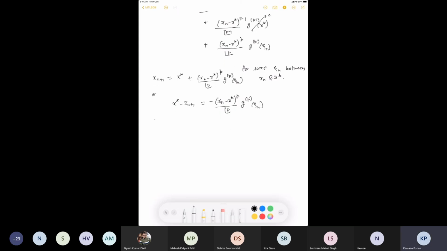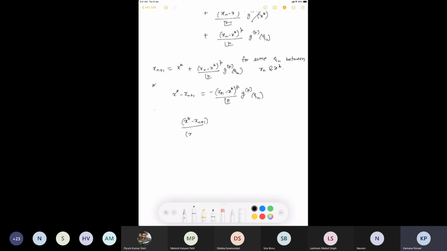Okay, and from here I can get x star minus xn plus 1. So I'm taking out the minus sign from this factor, so I will get x star minus xn raised to power p; taking out minus 1, it will be minus 1 raised to power p, and the minus is already sitting here, so I can in fact have the p minus 1 here, divided by factorial p, times g p of xi n.